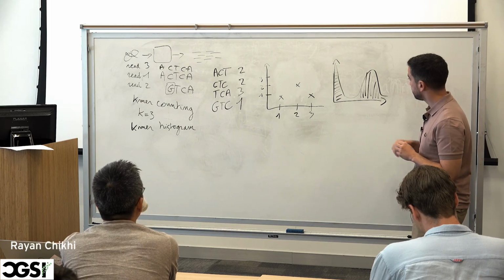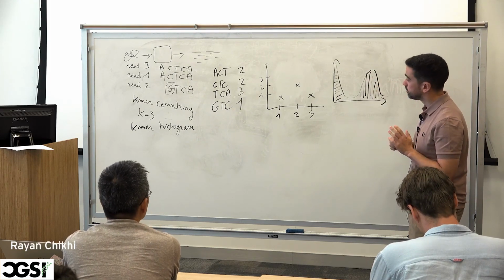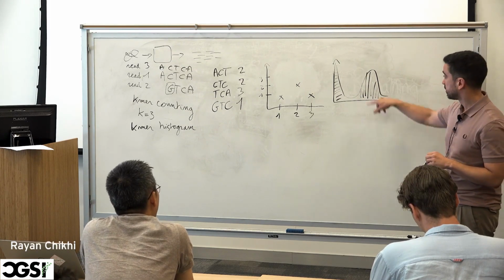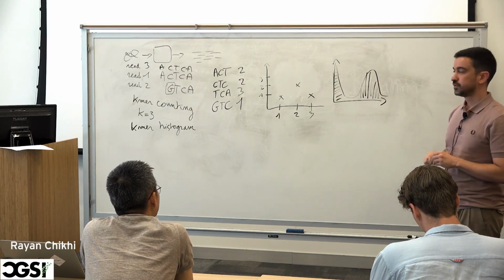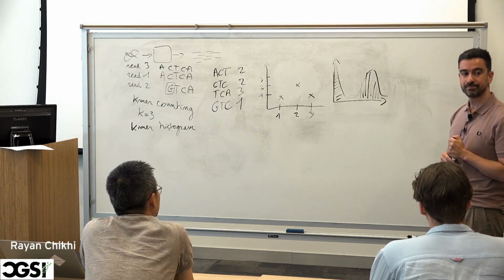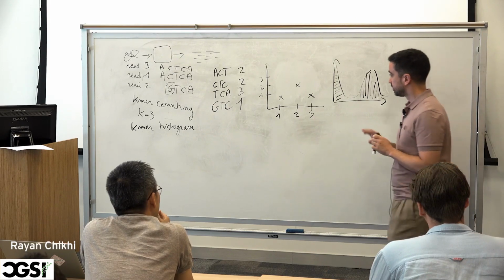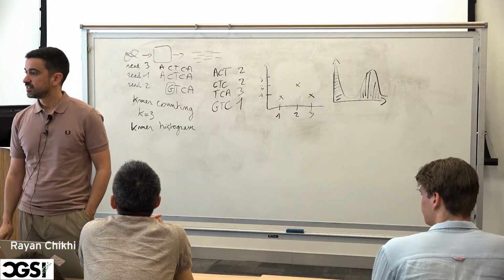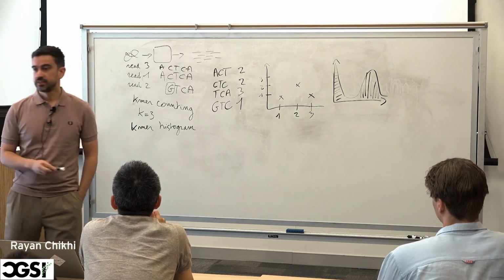Abstracting a few things here, because when you have diploid genomes, it doesn't look like a perfectly nice normal curve. It looks like actually a mixture of two, due to heterozygous and homozygous K-mers. I won't go into these particular details for this example, but hopefully this is illustrative enough for you at the moment.